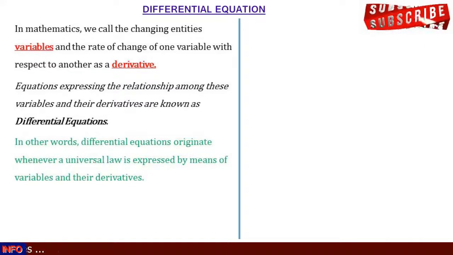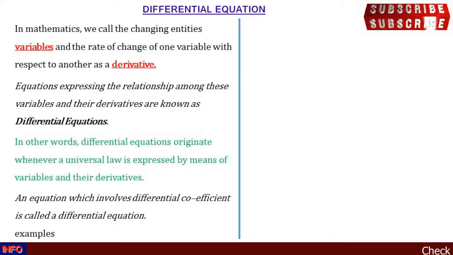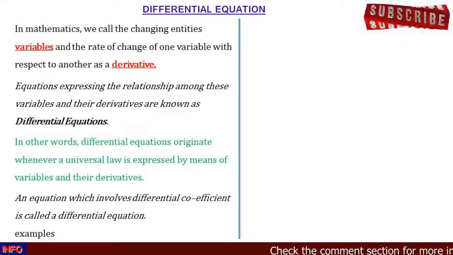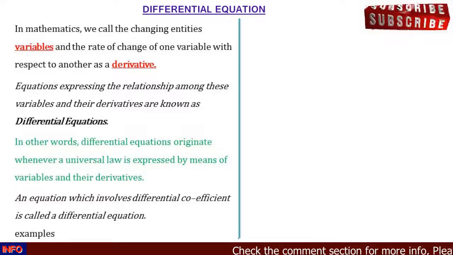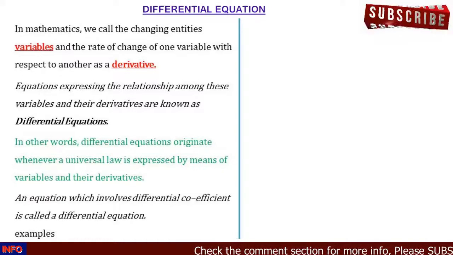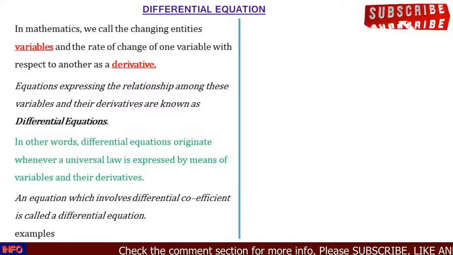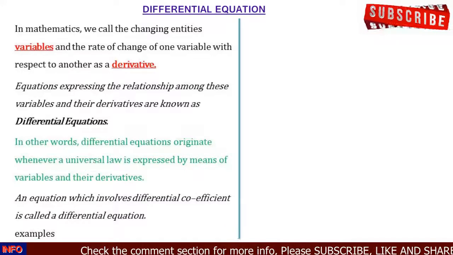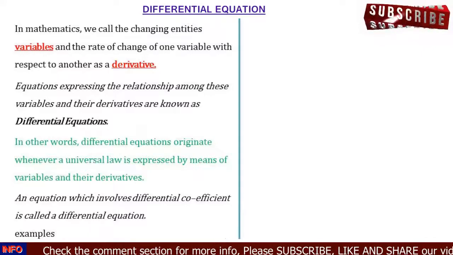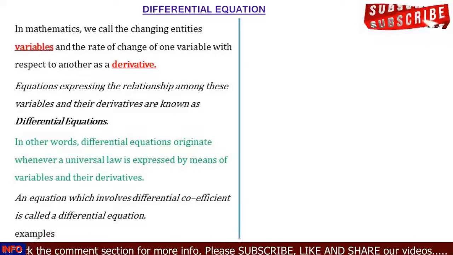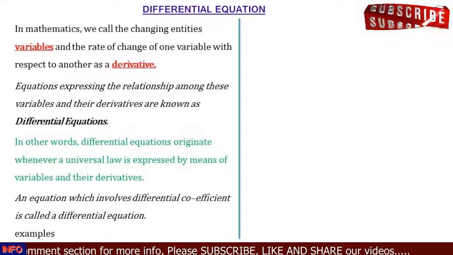In a nutshell, or in simple language, we say that an equation which involves differential coefficients is called a differential equation. Now let's see examples of differential equations, so that anywhere you see one, you'll be able to know that this is a differential equation and this is not a differential equation.